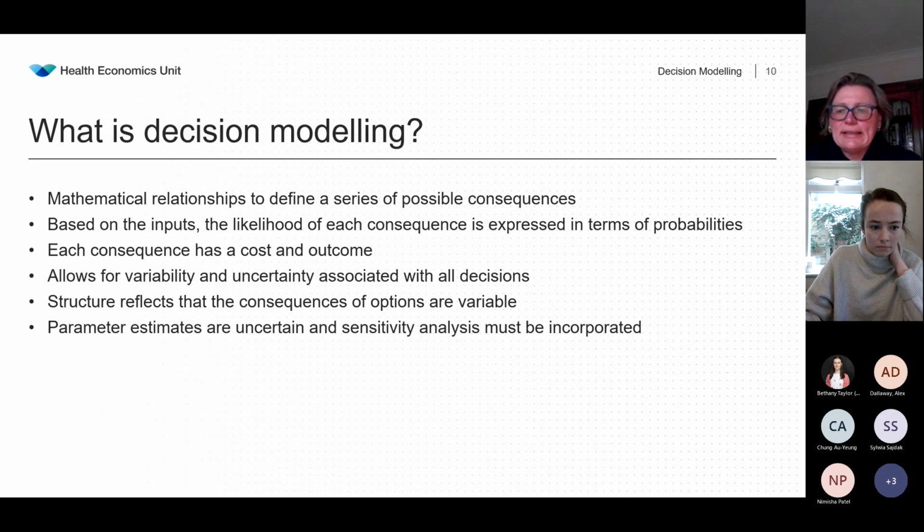And the modelling can actually reflect that for an individual patient. But whether they will respond or not will be unknown in advance. And so the likelihood of a response will be expressed in terms of probability.